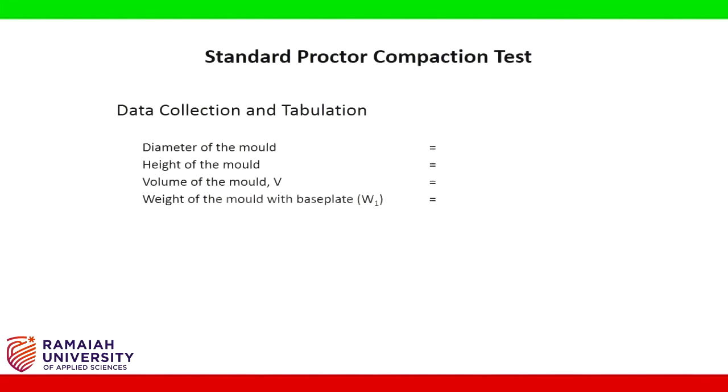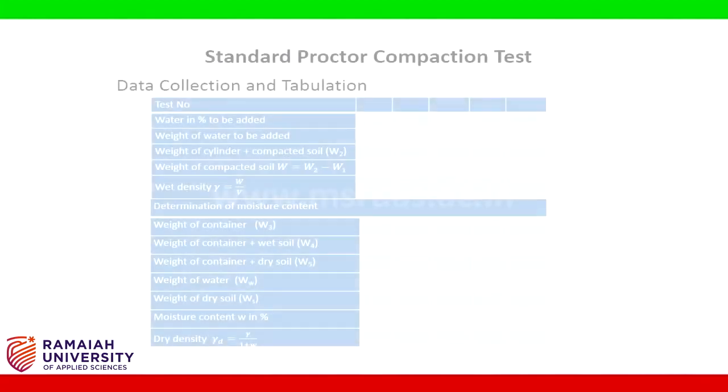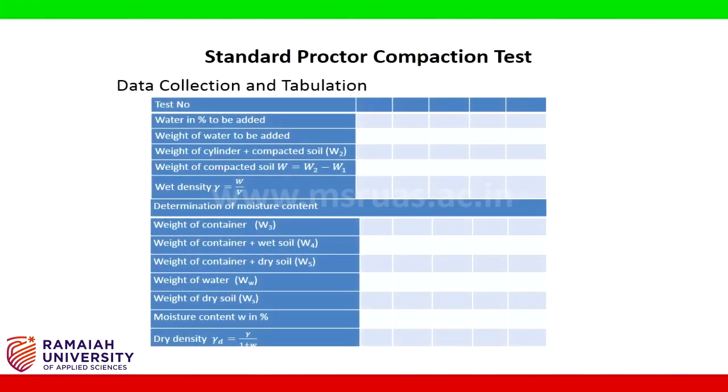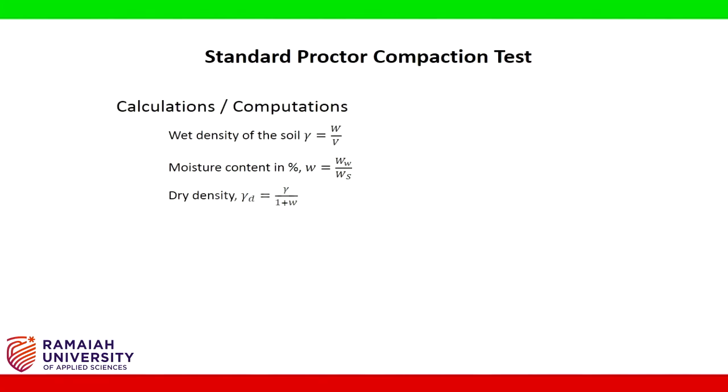Data collection and tabulation. Diameter of the mold, height of the mold, volume of the mold V, and weight of the mold with base plate W1 are recorded. Calculations and computations.